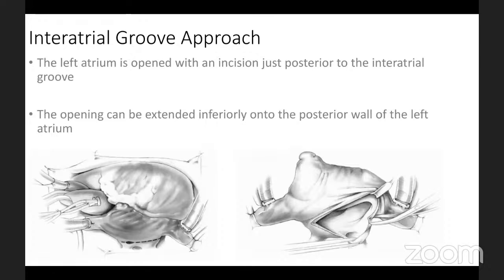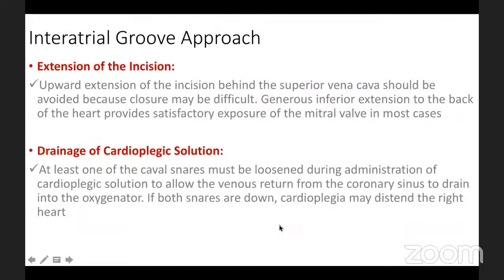The opening can then be extended inferiorly to the posterior wall of the left atrium. In this step, it's important to take care with the extension of the incision. Upward extension of the incision behind the superior vena cava should be avoided because closure may be difficult, and inferior extension to the back of the heart will provide satisfactory exposure of the mitral valve in most cases.